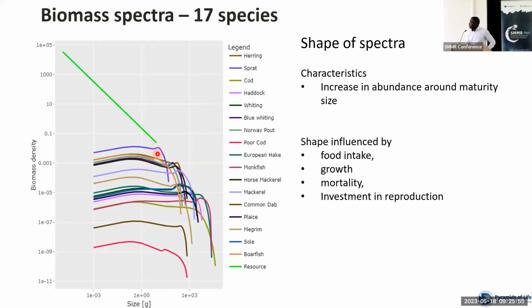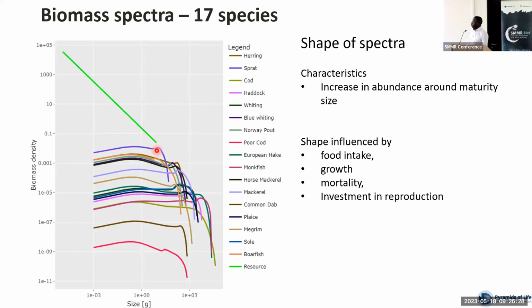One thing that you can see is this bump here. That increase in abundance that we see around that particular place is because of the shift from growth into reproduction. And that is really an important characteristic of the Mizer species spectrum graphs.